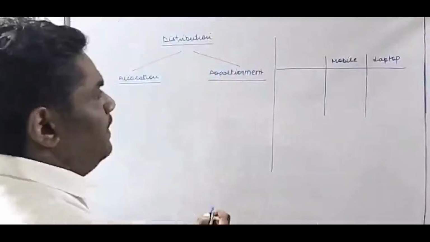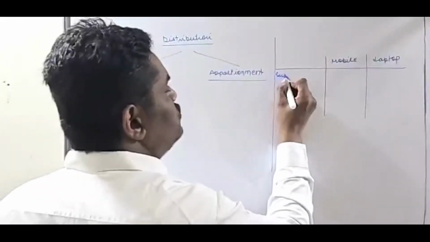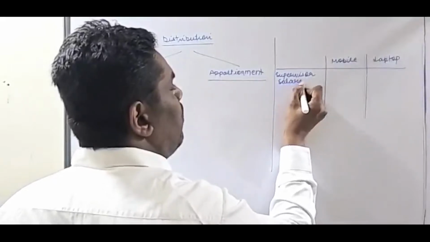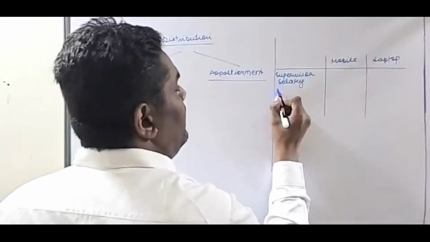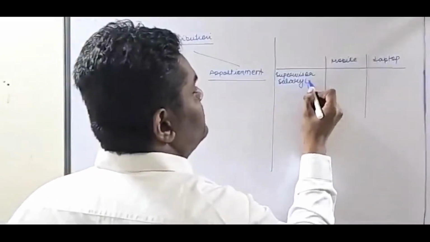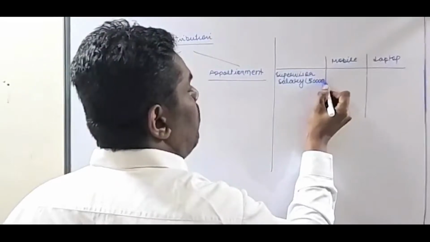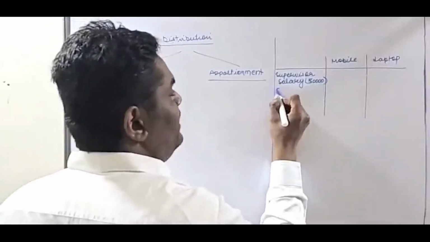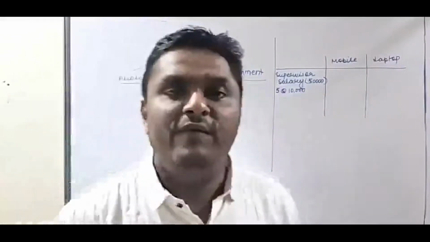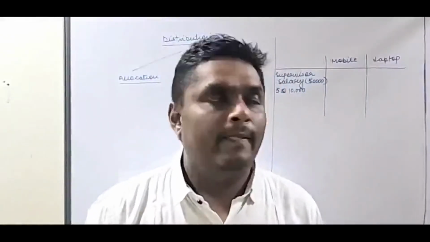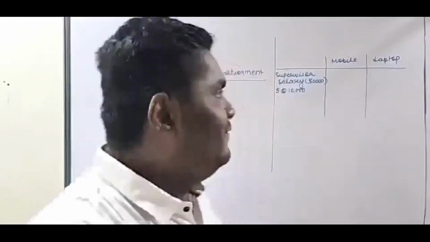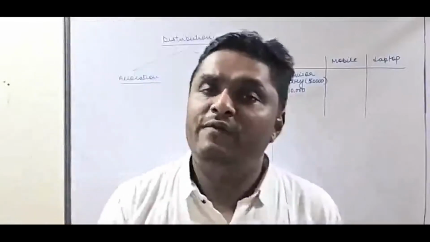Now let's say I'm paying a supervisor salary of rupees 50,000 in aggregate. Let's say I have appointed 5 supervisors and I'm paying at the rate of 10,000 per month. So in aggregate, I'm paying rupees 50,000 as the supervisor salary. First and foremost, supervisor salary is my overheads.